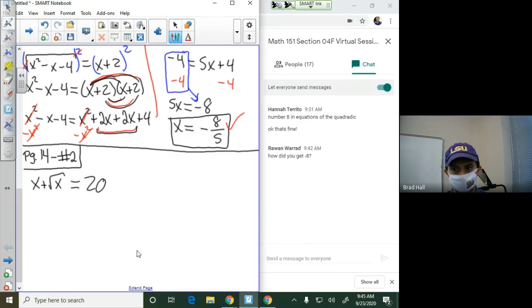You could either isolate the radical and eliminate the radical, or you could use U substitution. I'm going to stay consistent and use U substitution here. But you may also solve for the radical and then square both sides and work it out that way, if you wanted to.